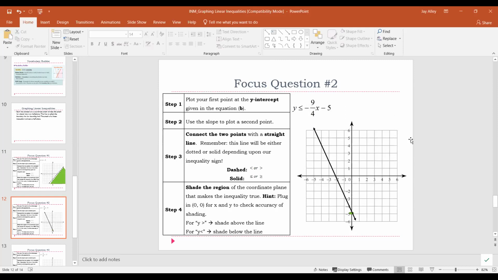Well, it doesn't matter. Remember, when we have mixed signs on our slope, one of them's positive, the other one's negative. So if I'm down here at -5, I've gone up 9. Well, that's +9, right? When I go up on the graph, I'm moving in a positive direction. If I go right, now that's positive again.